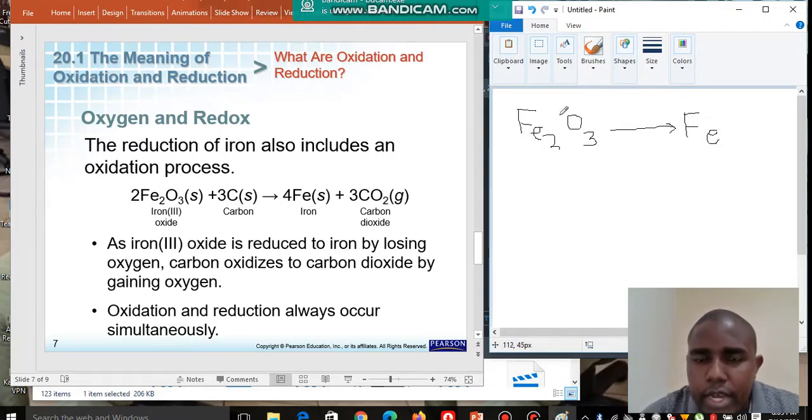So the change from iron oxide to iron means that oxygen has been removed. So the removal of oxygen from iron oxide is termed as reduction. So this is called reduction.